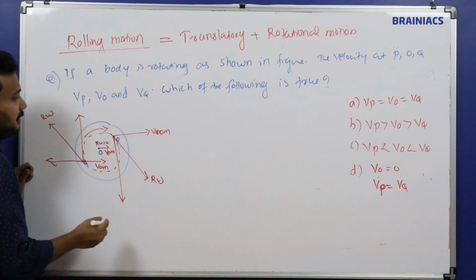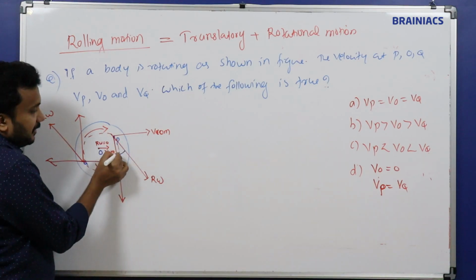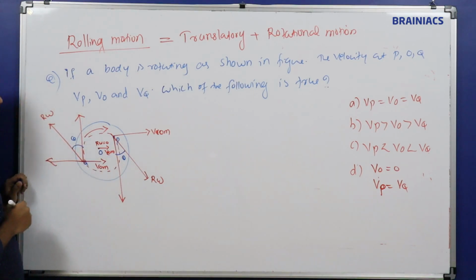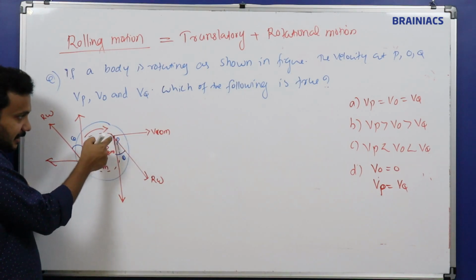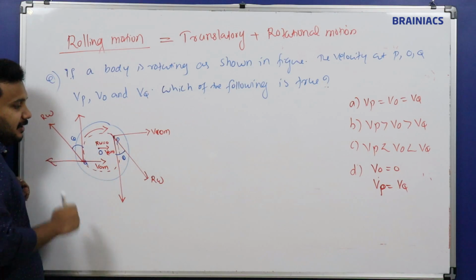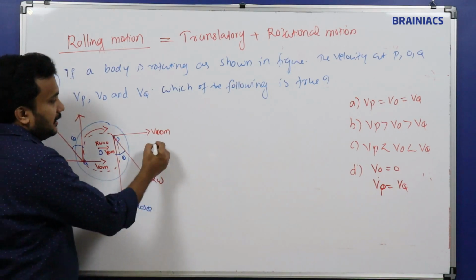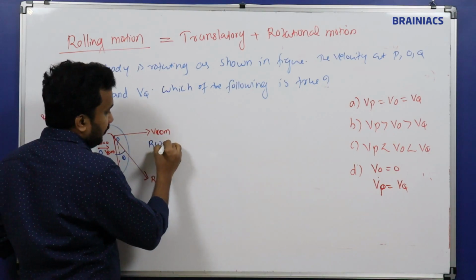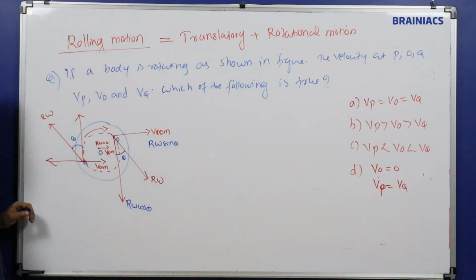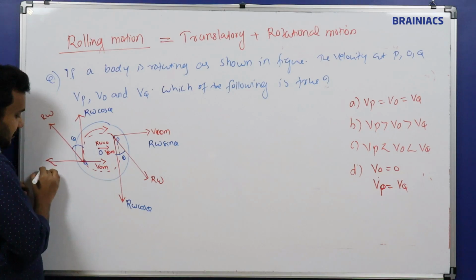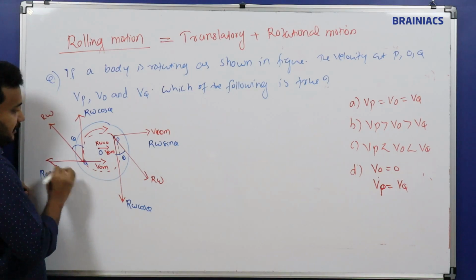Here, this vertical, I am considering an angle called theta. This other angle will also be theta, because it is symmetrical, P, O, Q are on the same line. So this can be written as r omega cos theta and another factor is r omega sin theta. r omega is split. Now for this factor, r omega cos theta and this will become r omega sin theta.